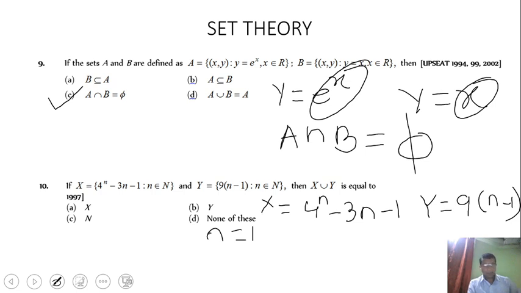For that I take n equal to 1, so we get x equal to 4 minus 3 minus 1, that is 0.